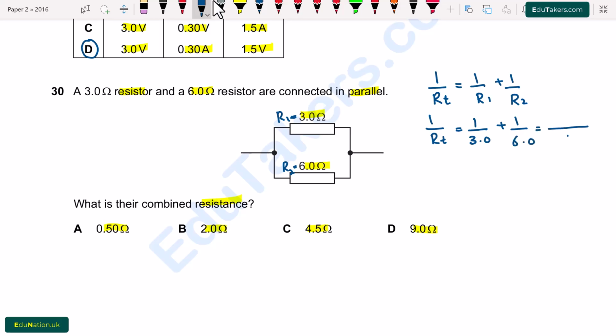This will be equal to (2.0 plus 1.0) over 6.0. Then 1 over RT will be equal to 3.0 over 6.0. Total resistance RT will be equal to 2.0 ohm. From here, option B is correct.